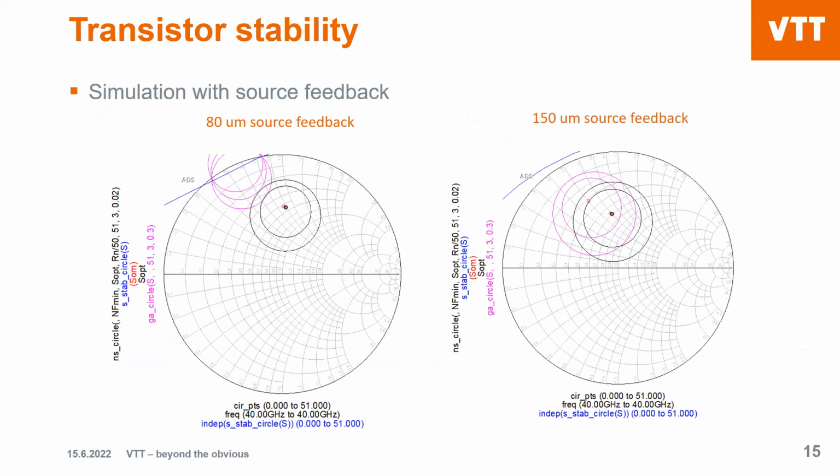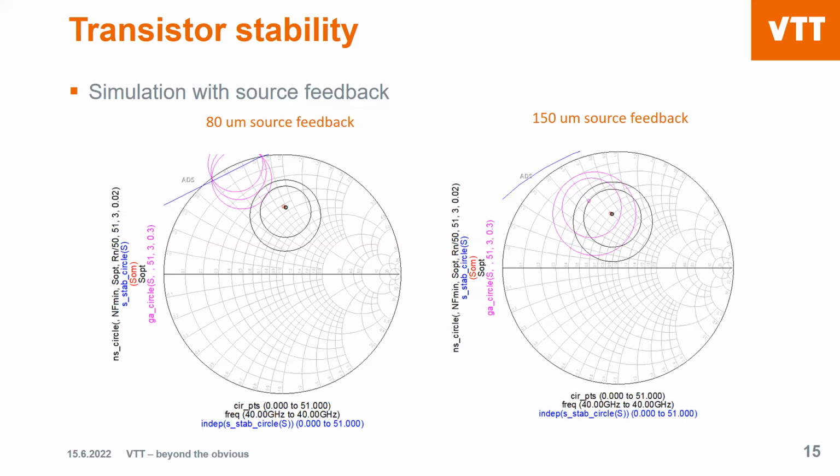Here we can see on the left-hand side, with 80 micron source feedback at 40 gigahertz, there is a tiny part of the Smith chart that is in the unstable region. The purple and pink ones are the gain circles: maximum gain, and then a gain step of 0.3 dB. If you match there, you would get almost the maximum gain out of the transistor.